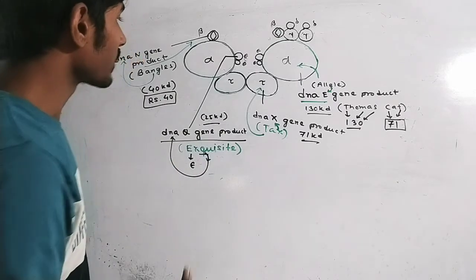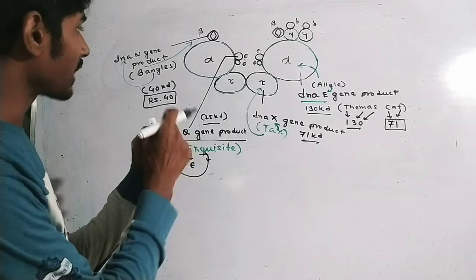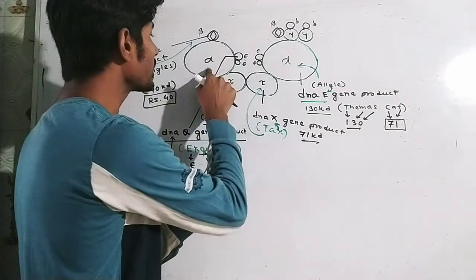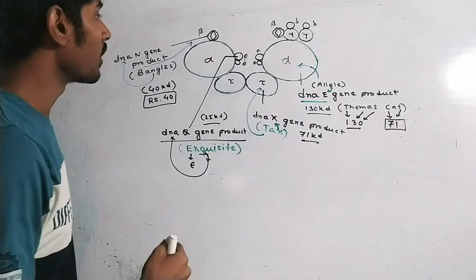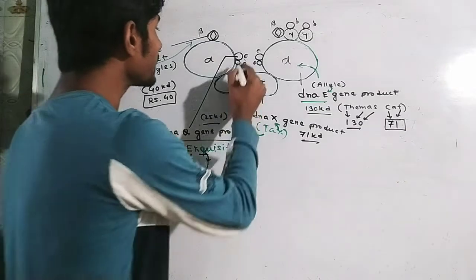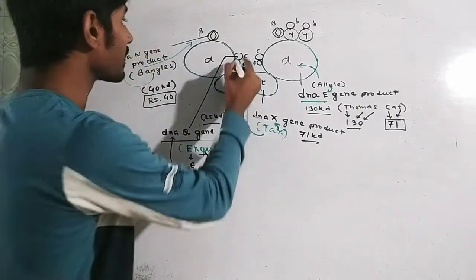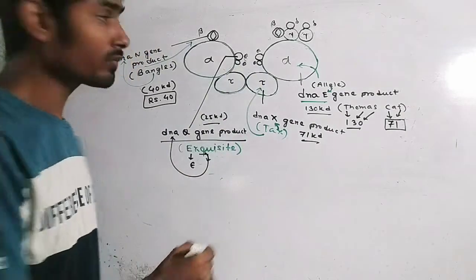Now the epsilon subunit is tightly bound to the alpha subunit and helps in the proofreading activity. Here the theta subunits are there, and let us talk about them.